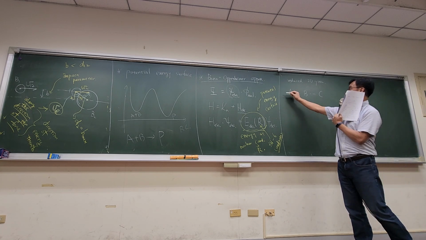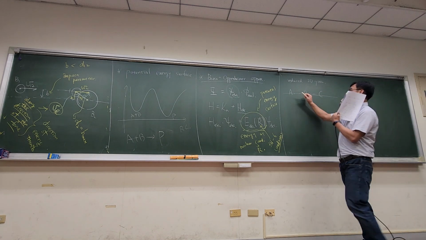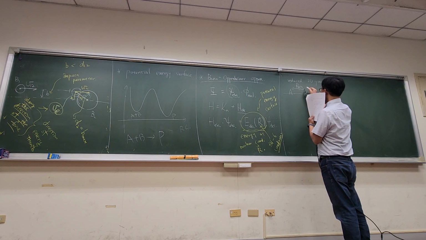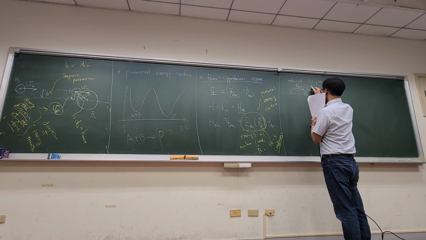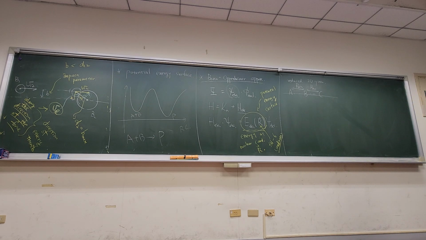So we restrain those 3 atoms on the line, but then we have 2 coordinates, R_AB and R_BC. I'm not very good at drawing 3-dimensional things, but I'm going to try here.